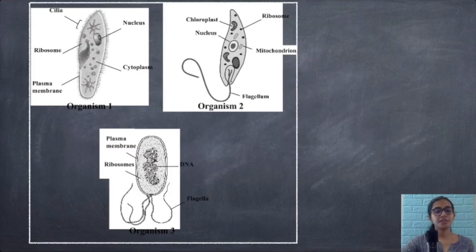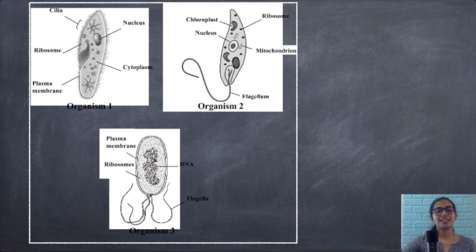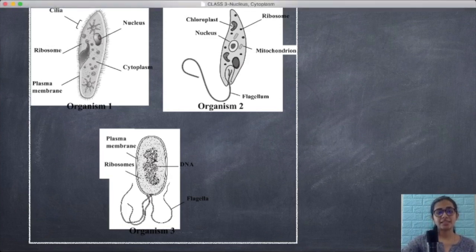Now here are 3 pictures of different organisms, right? Credits to Khan Academy over here. I borrowed this from one of their questions. So in these 3 organisms, can you spot which of these is prokaryote and which eukaryote? Right. Here we can see in this picture there is a clearly defined nucleus.